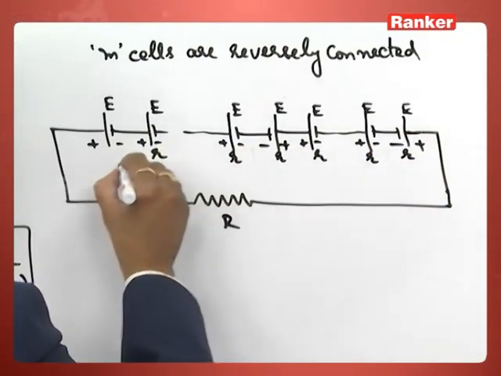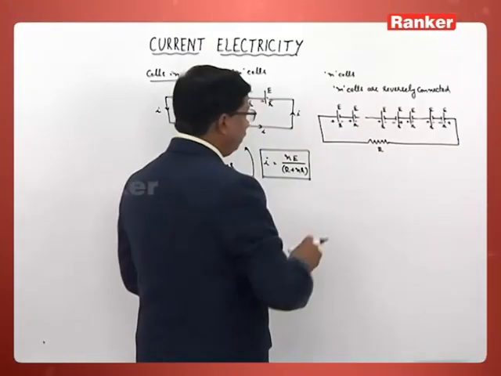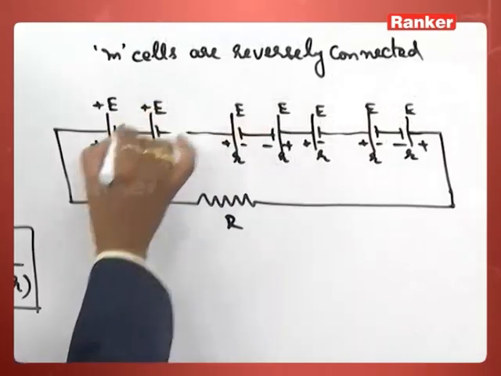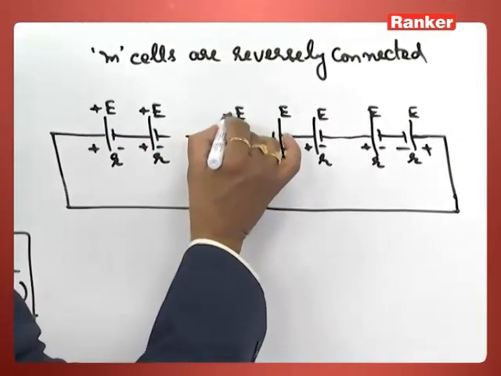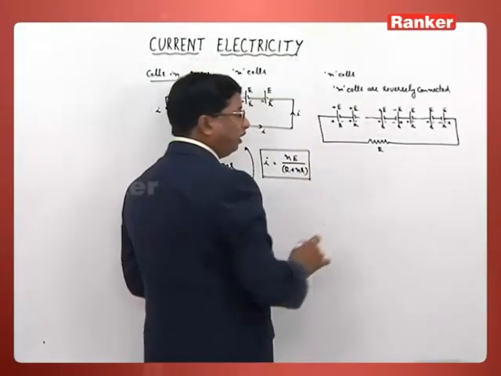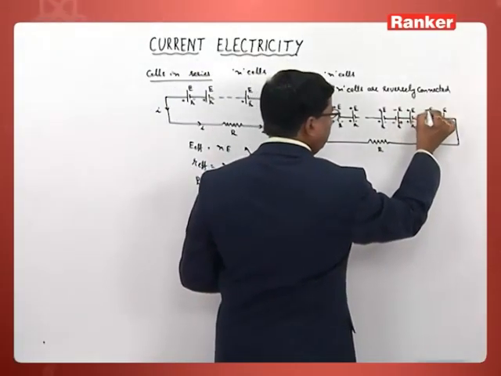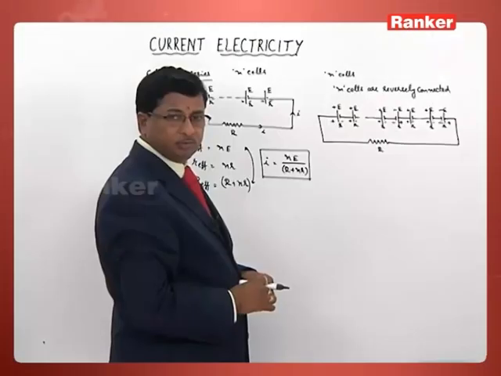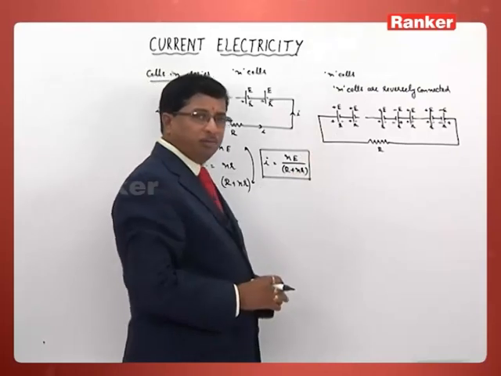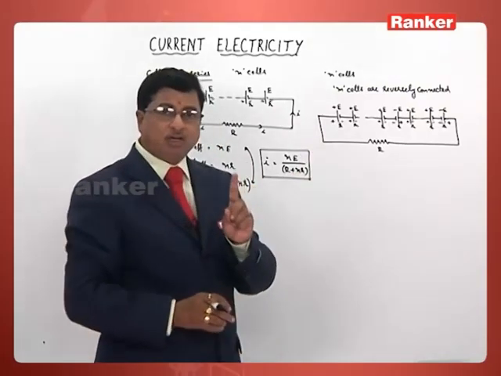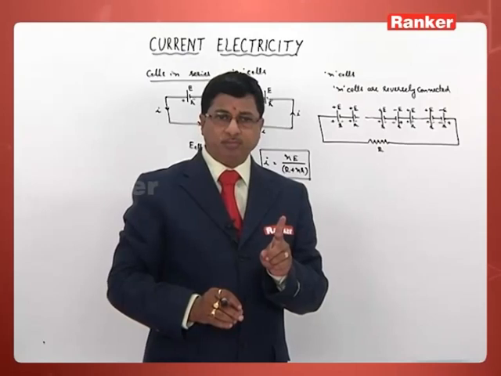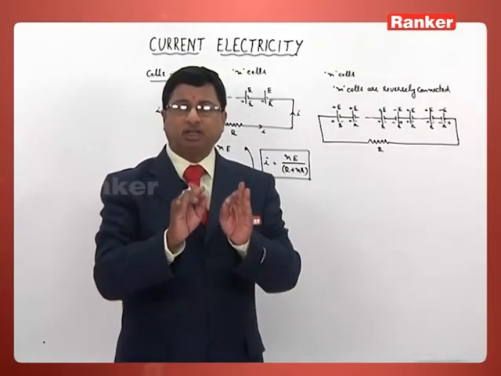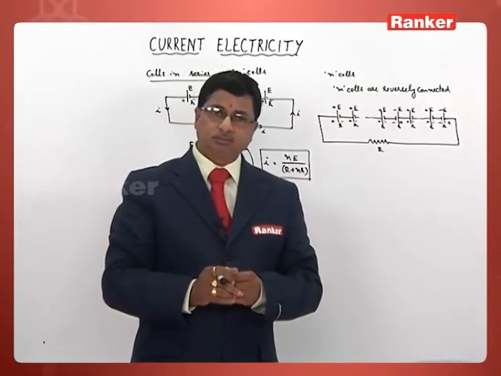But what is the convention we go for? The cell which is regularly connected, if I take its EMF as positive, the one which is reversely connected, I should consider its EMF with a negative sign. So what do you find here? For every one cell connected reversely, totally two cells get cancelled in terms of their EMF.